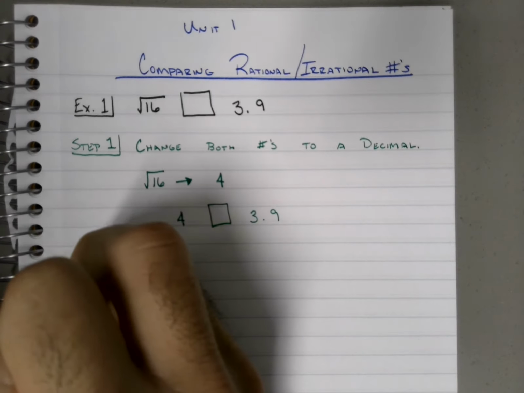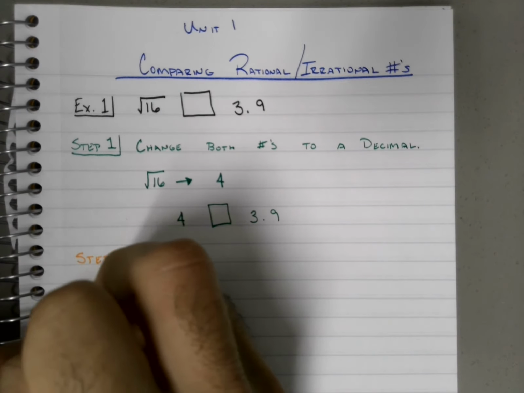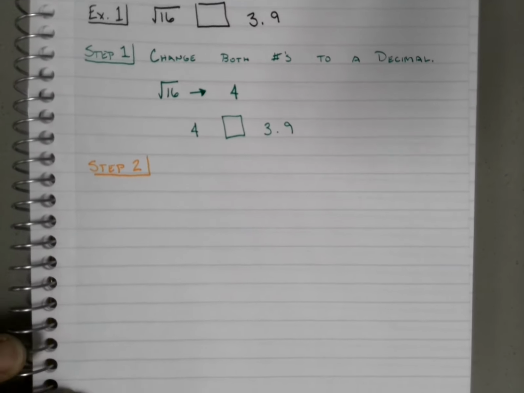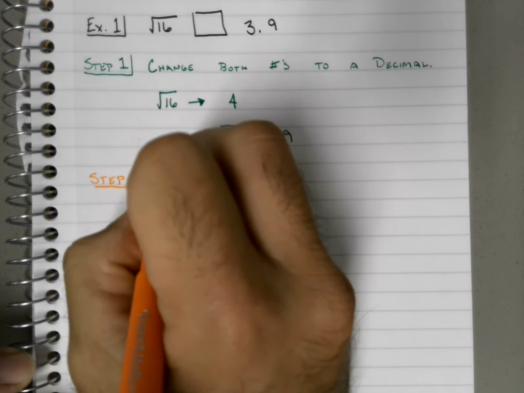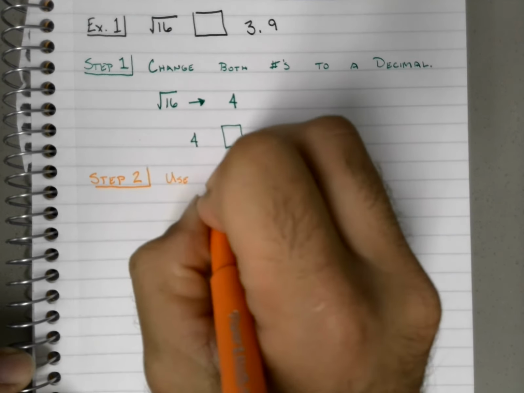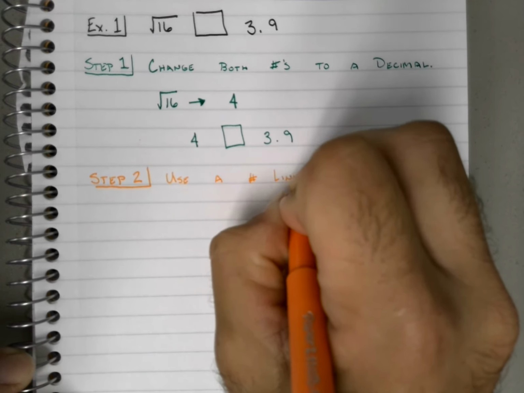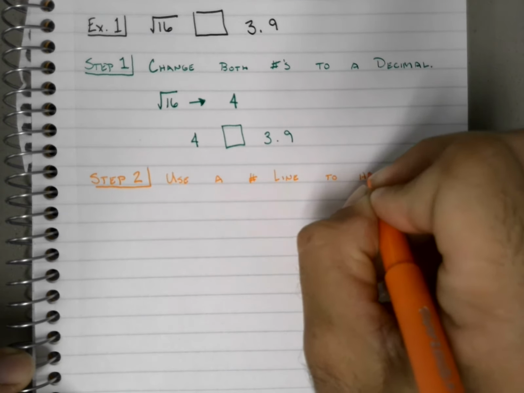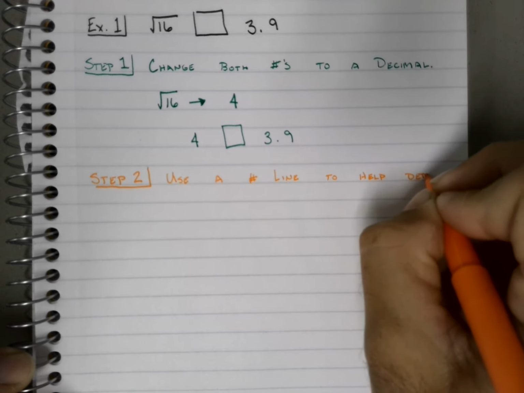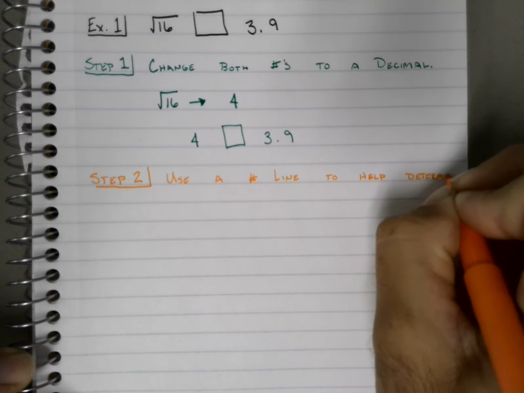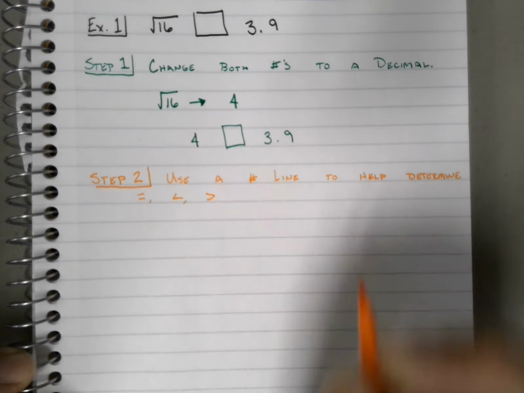Second step we're going to look at, again, you don't have to, we're going to use a number line to help determine if they're equal to, less than, or greater than.